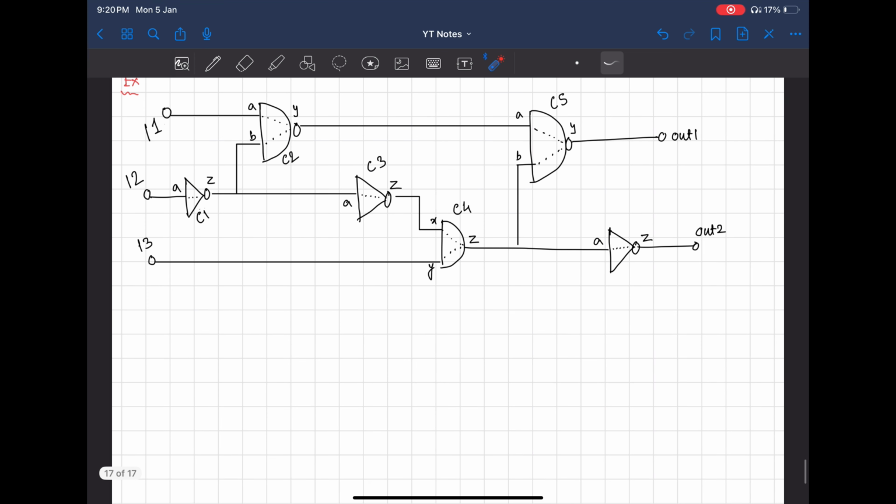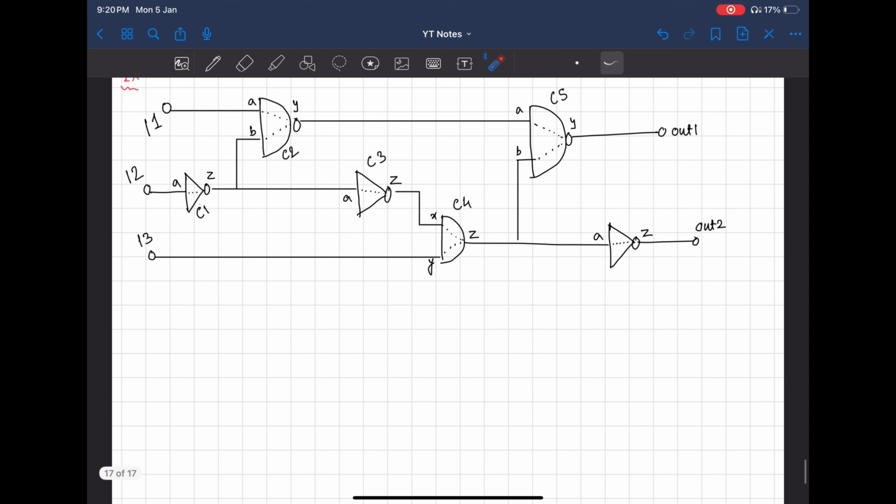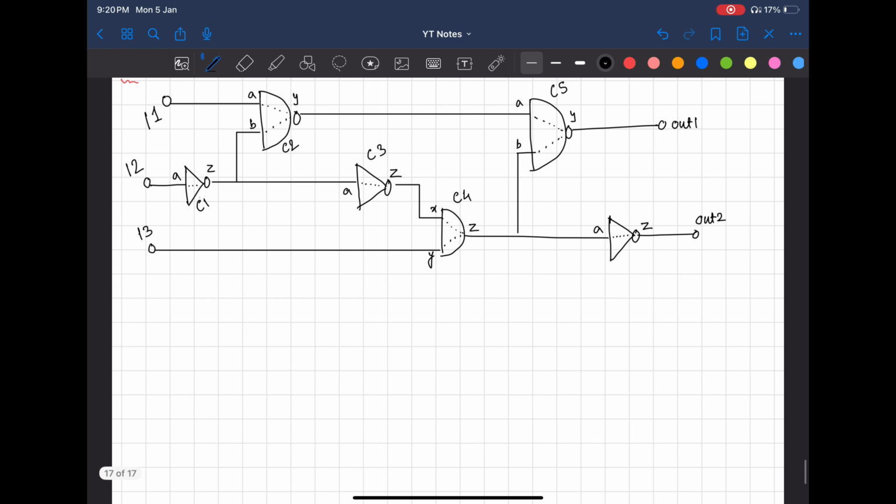How to draw it, I think we have discussed several times, but let me represent it in vertices and edges. There is an I1 vertex, an I2 vertex and an I3 vertex. Write them as I1, I2 and I3.